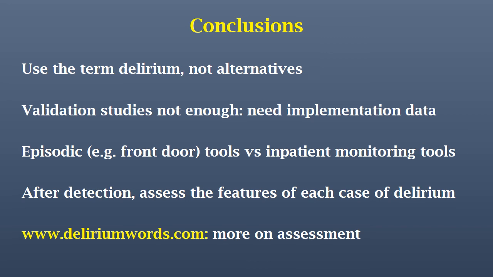I've also said that after detection of delirium, it's important not to just stop there, but to assess the features of the delirium in each case. And this is particularly important with respect to distress, because diagnosing delirium alone will not mean that you automatically pick up distress. So you should look for it and then find ways of relieving it if possible.